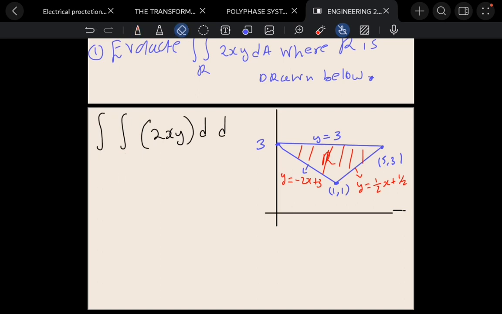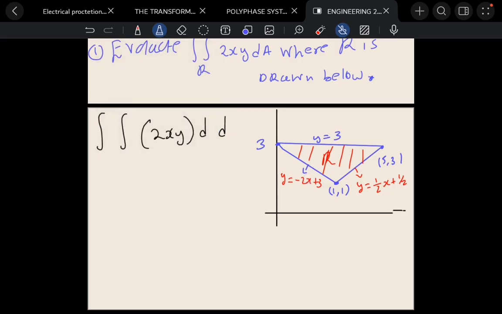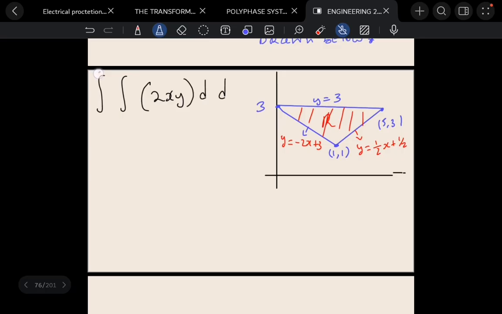What you need to remember is that this integral here, that integral must always have constants. So this integral here must always have constants, right?